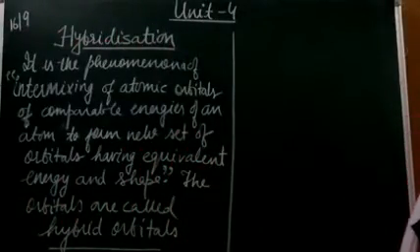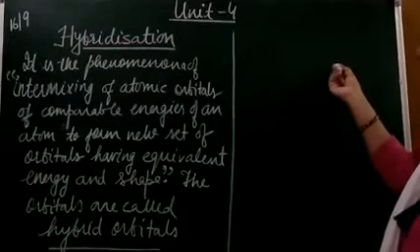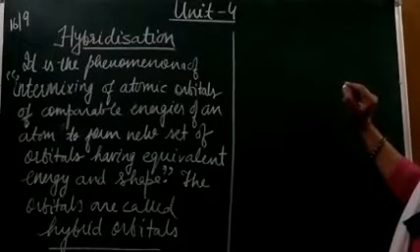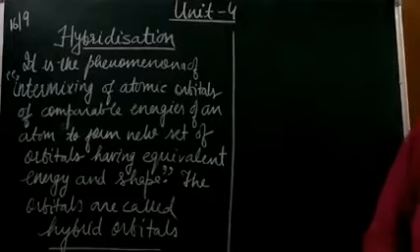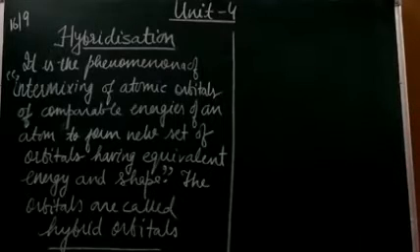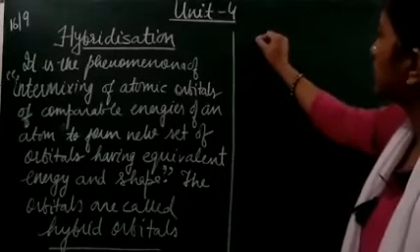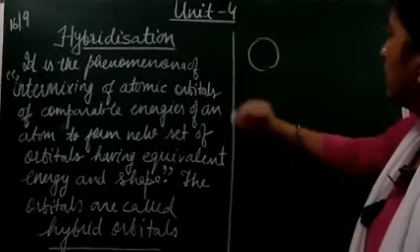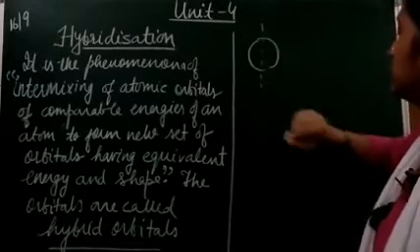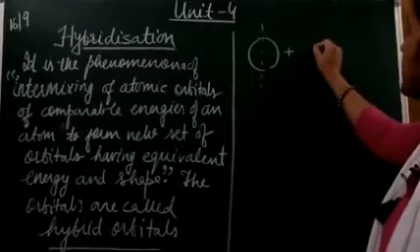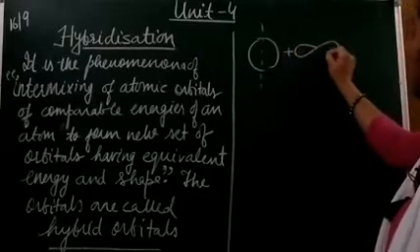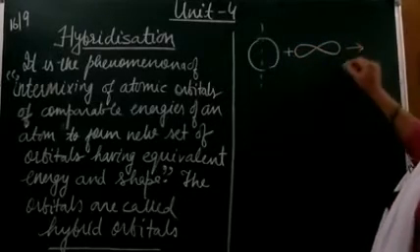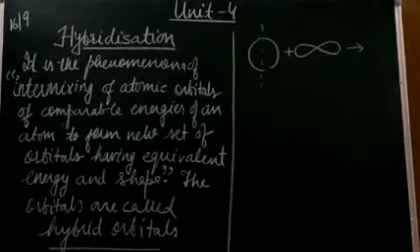Now let's take an example. Suppose we have the overlapping of an s orbital and a p orbital of an atom. Let this be 2s and this be 2p. These two orbitals belong to the same atom.